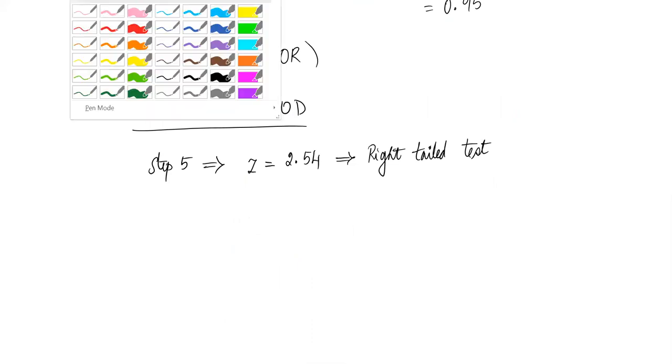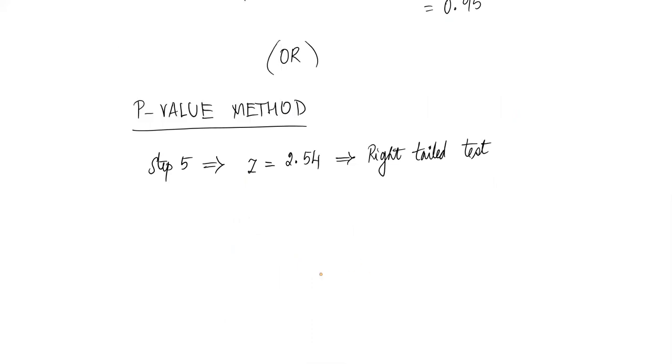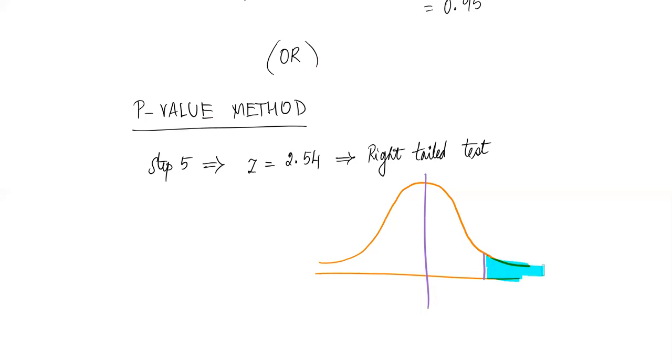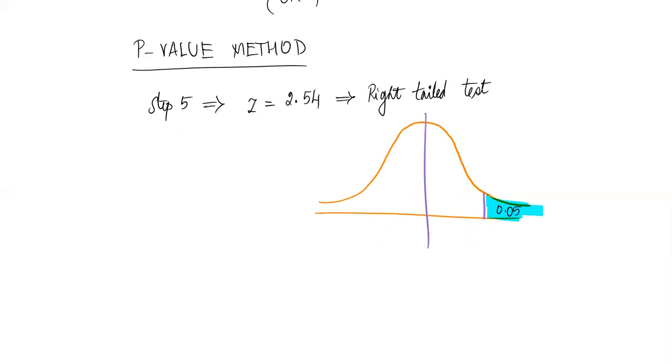So once again, if you draw the graph, and your right tail was marked off at 0.05. Right? And now we have the Z value is 2.54, which is your test statistic.